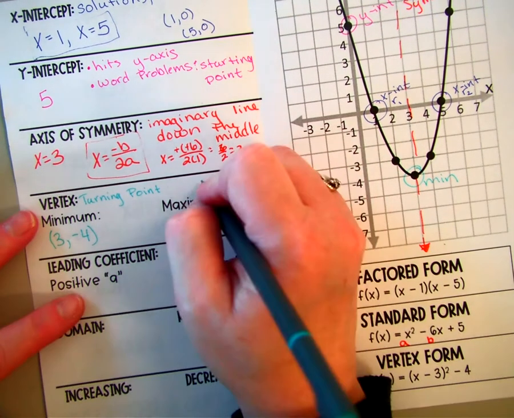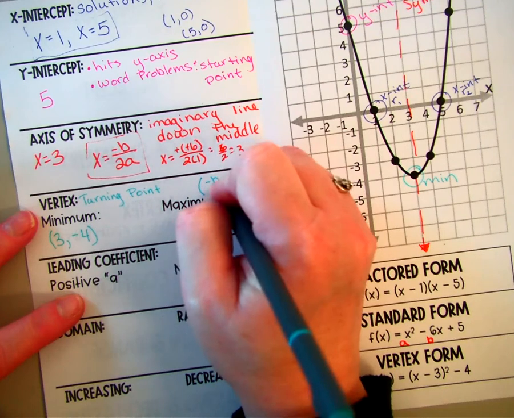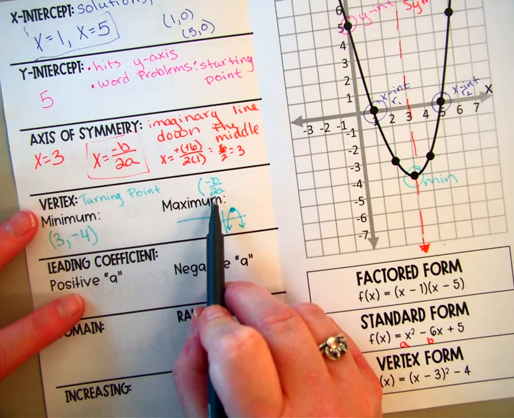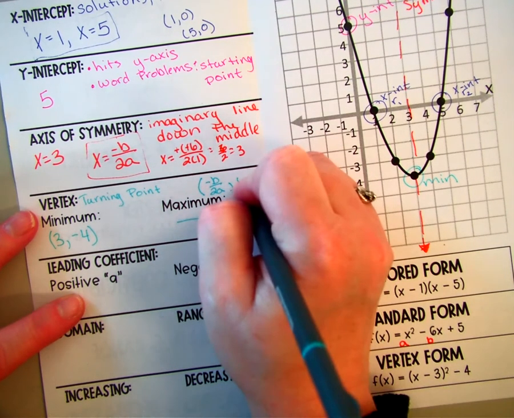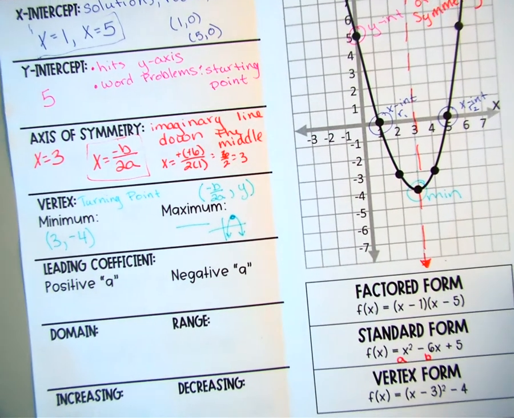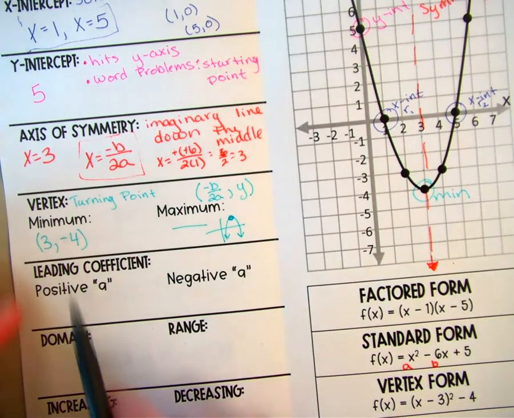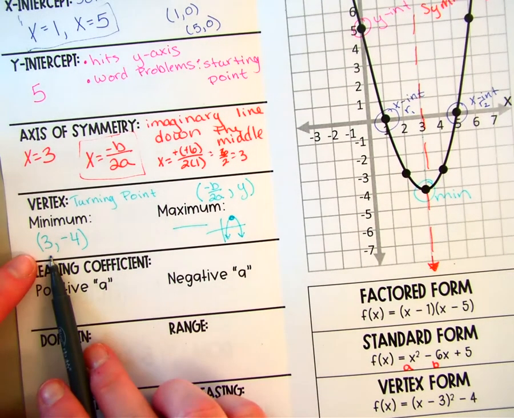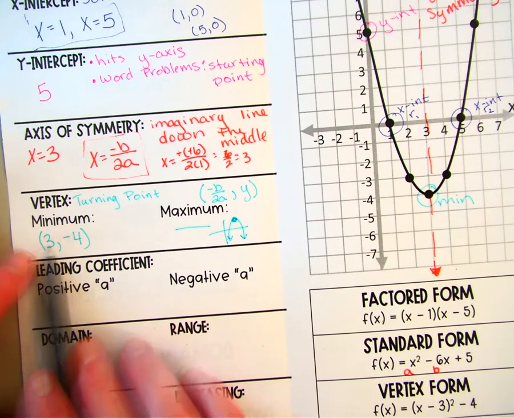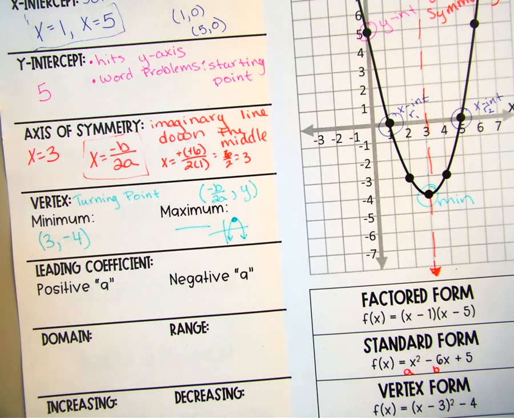We can find our vertex algebraically by taking your axis of symmetry, that is the x portion, and you would plug that into your equation, and that would give you your y value to it. So if you notice here, again, my vertex and my axis of symmetry have the same x values because they go through the same x portion.